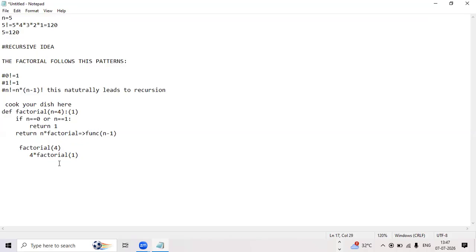Basically, this is line 1, and I'm noting it as line 1.